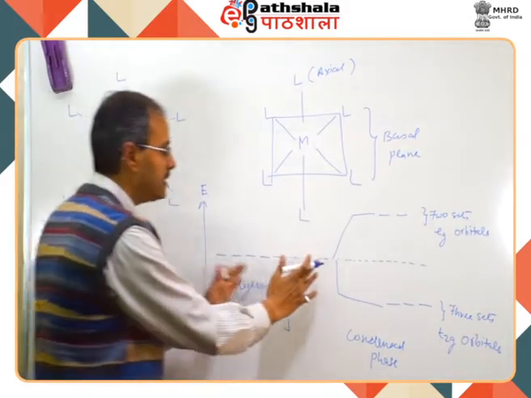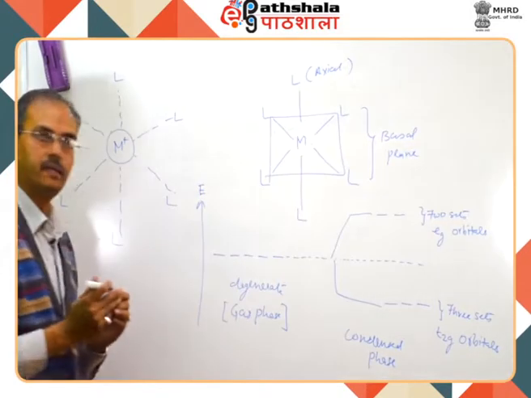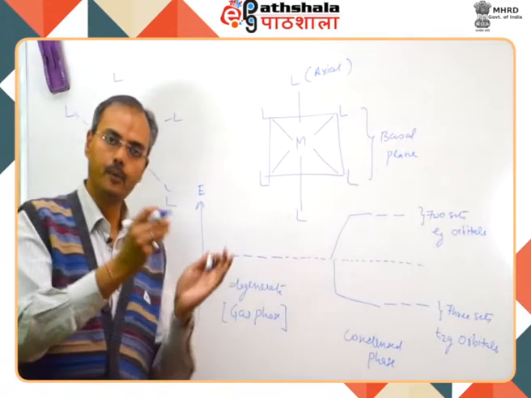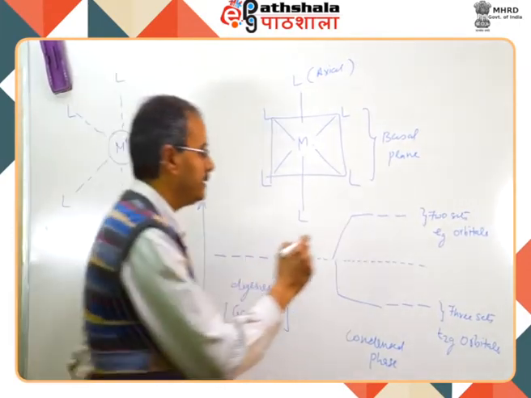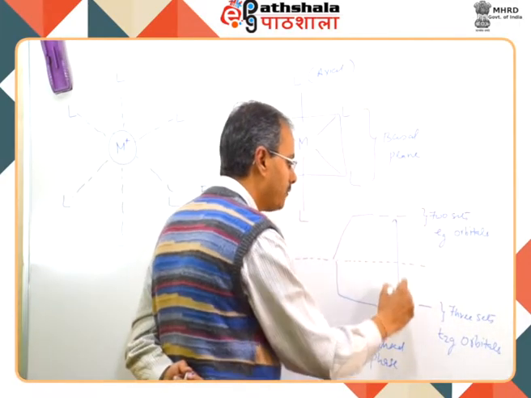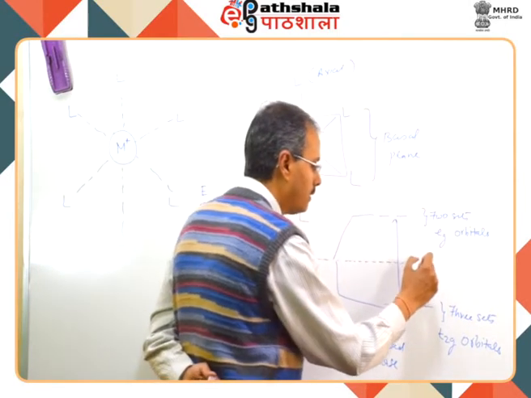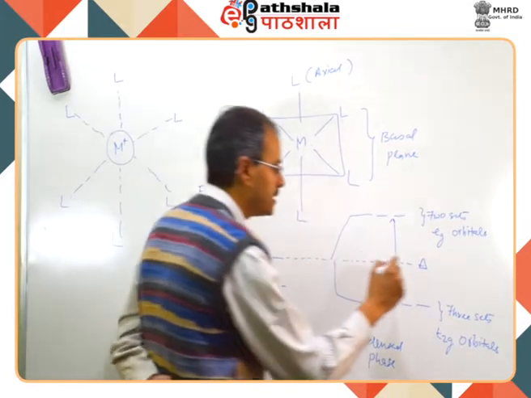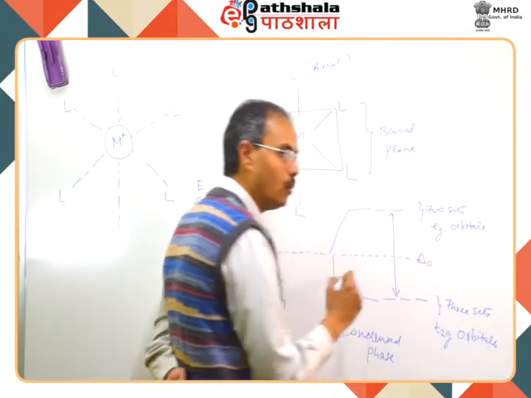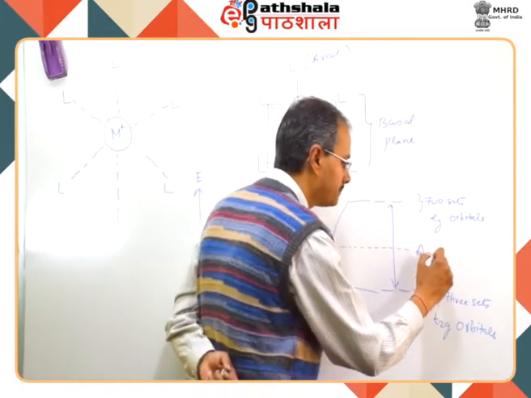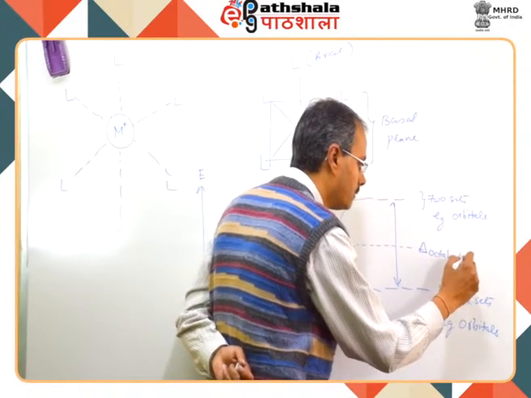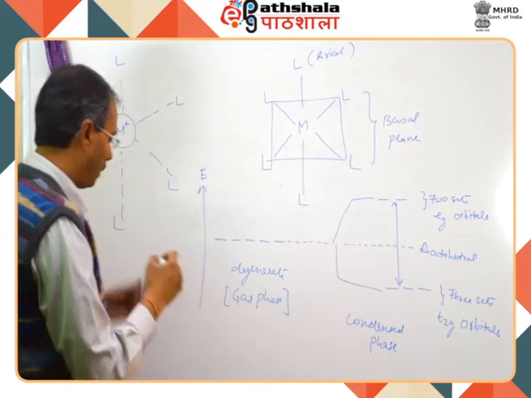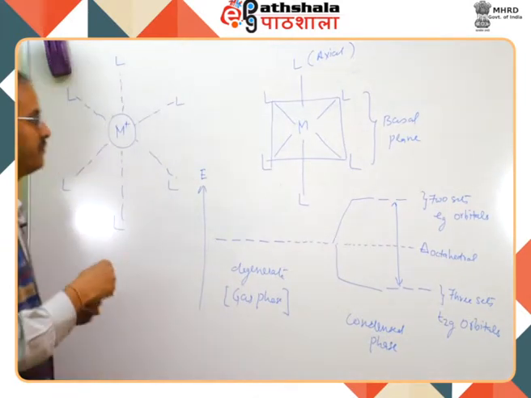So this splitting of orbitals is unique whenever the ligands approach the metal ion, and the gap between these sets of orbitals is called delta, as we are talking about octahedral. So this is basically delta O, which is nothing but the octahedral, and this particular gap is called crystal field stabilization energy.